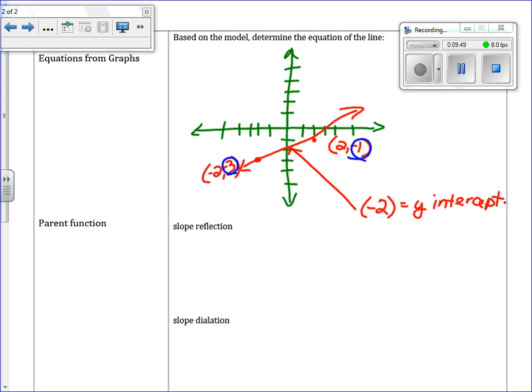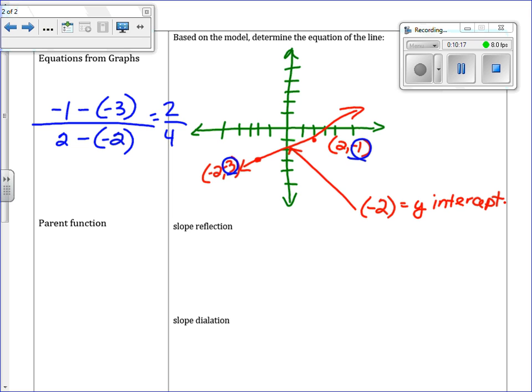So I have negative 1 minus negative 3 all over 2 minus negative 2. If I do the math, negative 1 plus 3 gives me 2, and 2 minus negative 2 gives me 4.